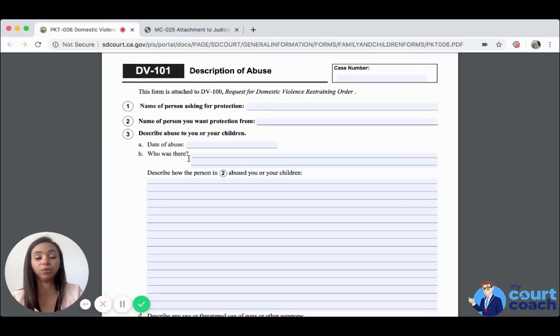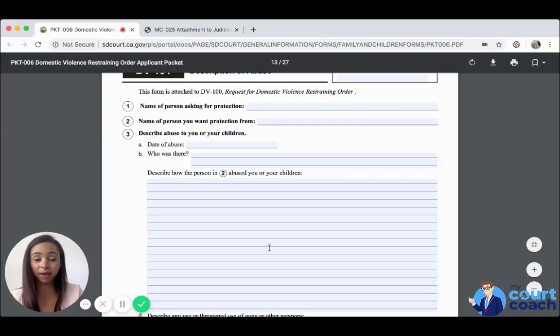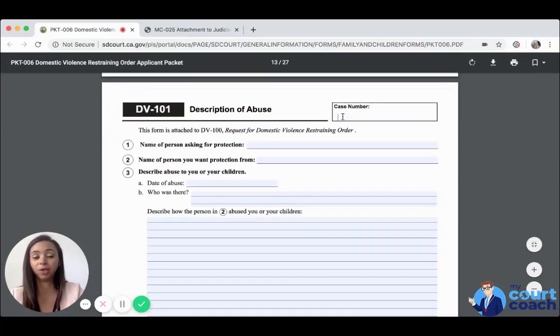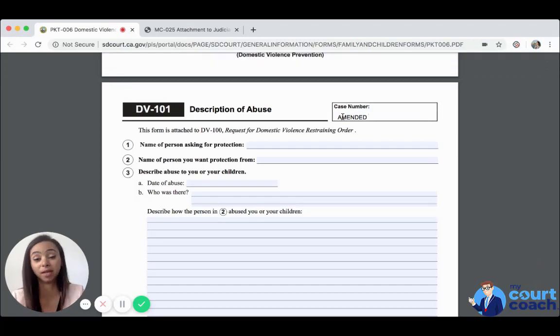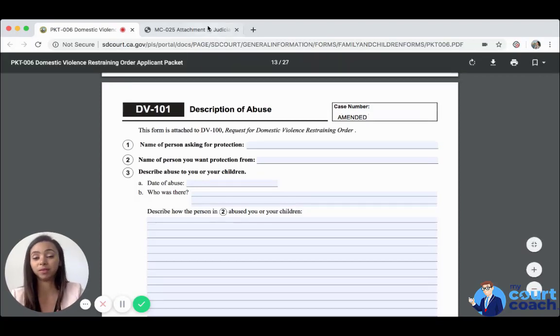And so you still have a second chance to get a restraining order, because you will be issued a hearing in 3 weeks. You can amend this. You could literally use the same exact form and then just write "amended" in the case number area, and then type in your case number. And same goes with this attachment form.